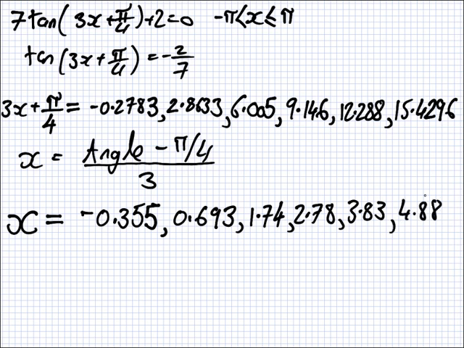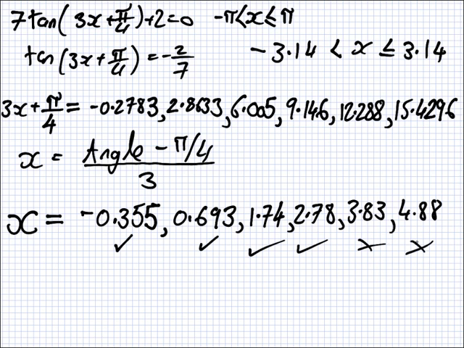Now, the final step is we need to fix any answers outside the range. And the range here is minus 3.14 roughly to 3.14. Okay? So, inside, outside. This one, inside, inside, inside, inside, outside, outside.